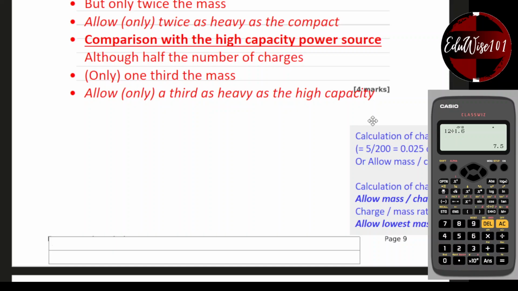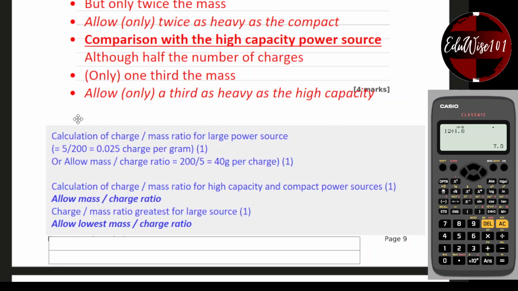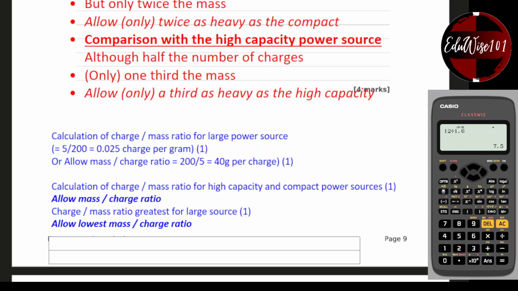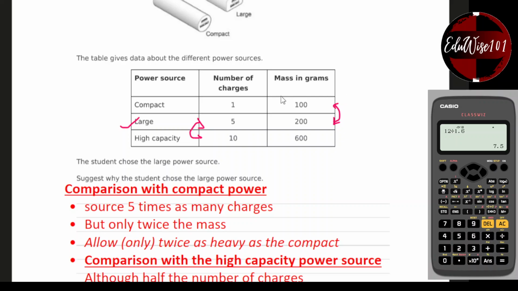Another way of writing down the answer was to calculate the charge to mass ratio. So if I divide the mass by the number of charges, I can find the grams per charge.